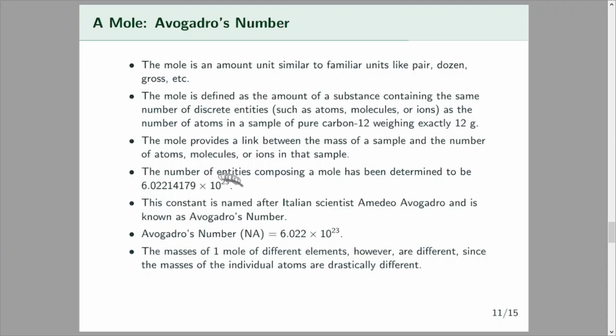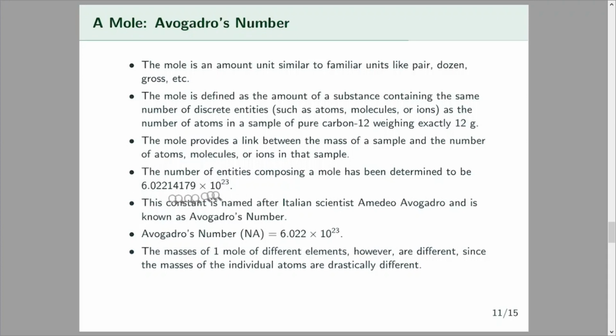In fact, you can't get numbers like this unless you're talking about how many of something are in the universe or something like that. Even then, it's hard to take anything of any significant size. The mole, this number, is a testimony to how small atoms are. 12 grams is less than half an ounce, so it's a tiny amount of matter, but it has this many atoms in it.